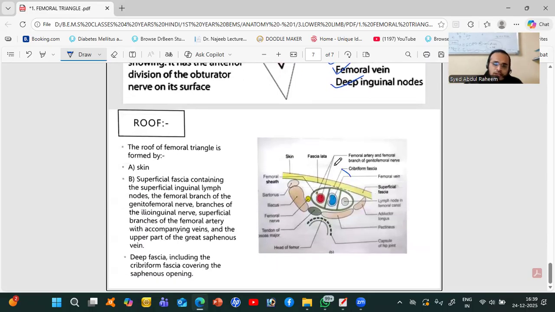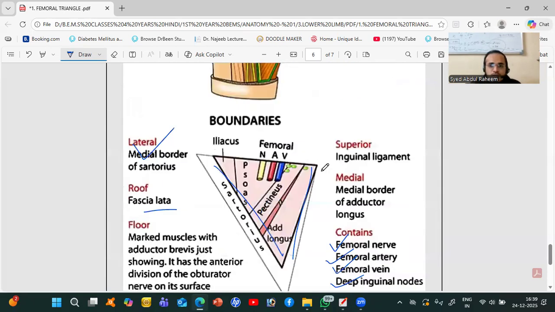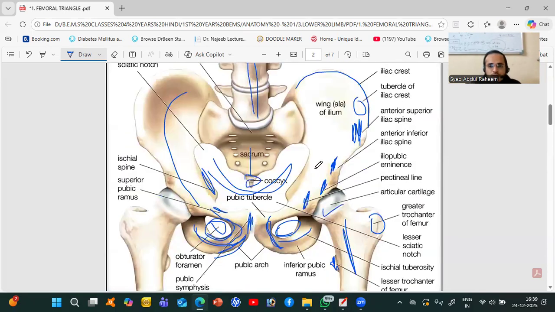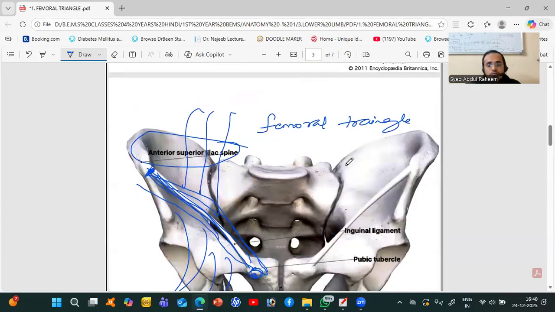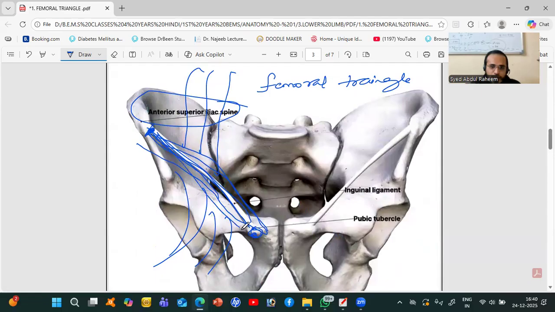You can see it like this, from the front, from upwards. If you do the dissection, this is the cut section of the femoral triangle. So this is all about the femoral triangle.